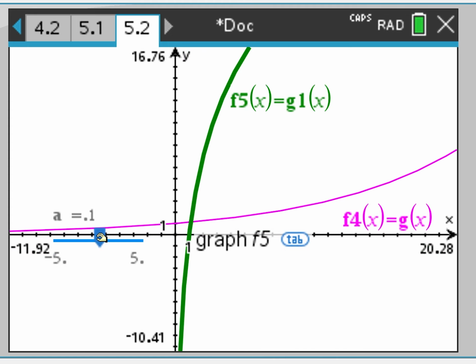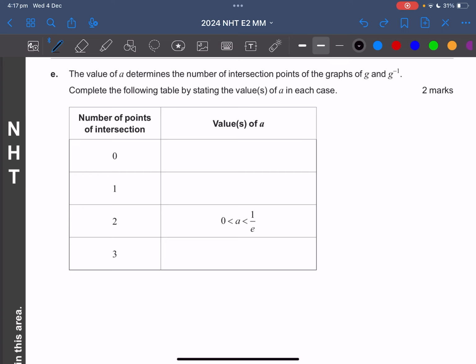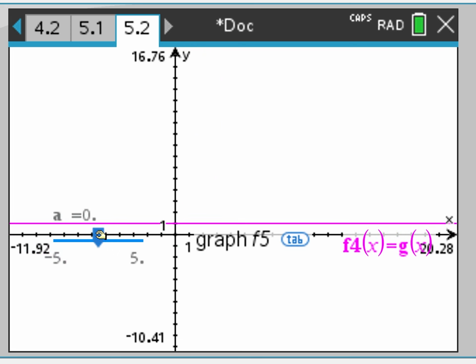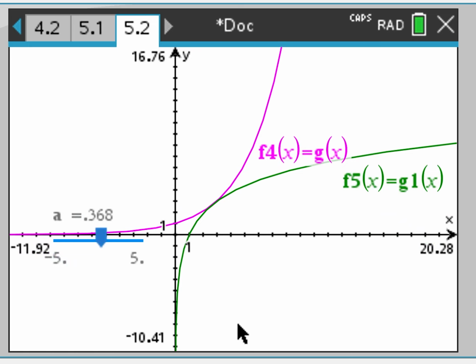So basically, if a is greater than 1 on e, we have no intersection. So let's write that down. So for 0 intersections, we have a greater than 1 on e. Okay? I'm curious to see what happens at 1 on e itself. Oh, okay, so the graph has exactly 1 intersection point, if I'm not wrong.